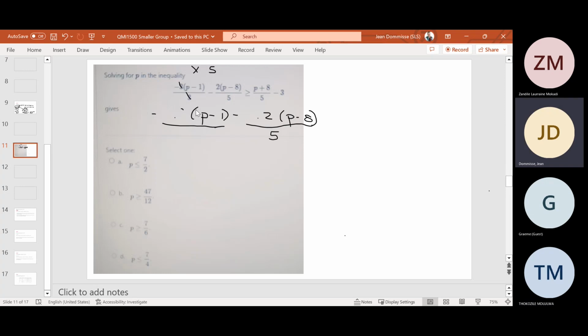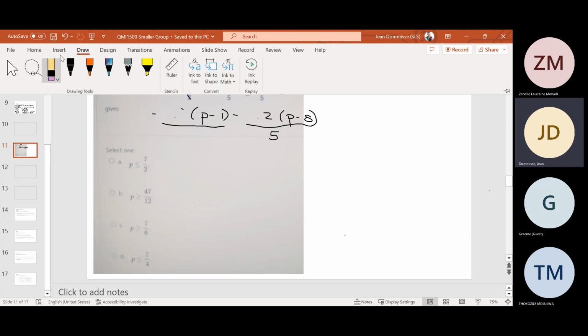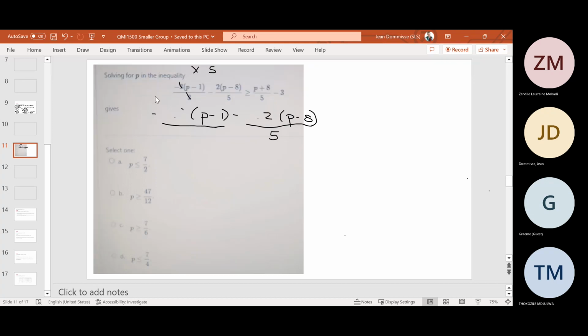Okay. So let's quickly see what then was left here. So I still need to multiply by 5. So it's over 1. If I multiply by 5 here, it will be 5 times 2. Remember, there's a minus.